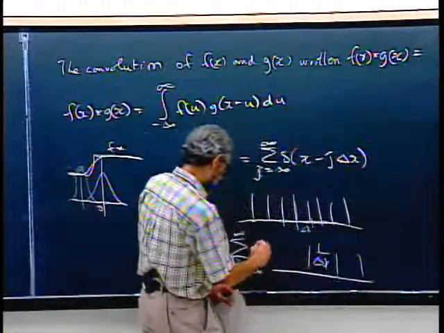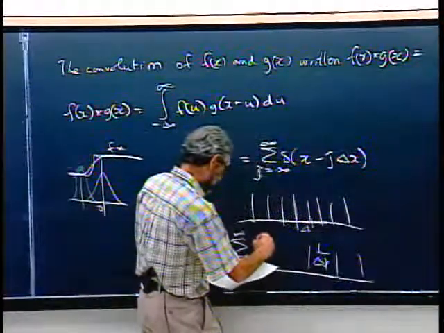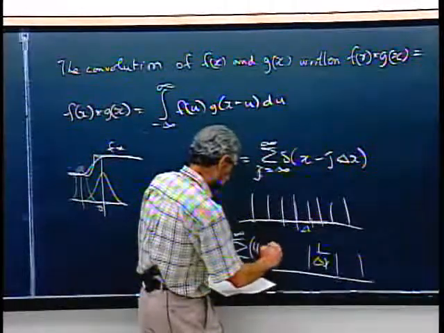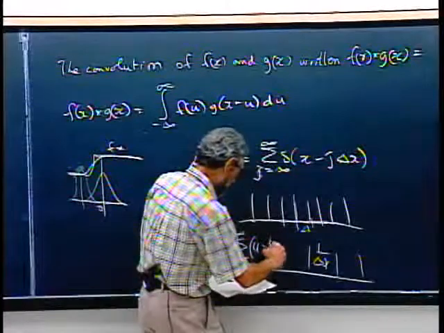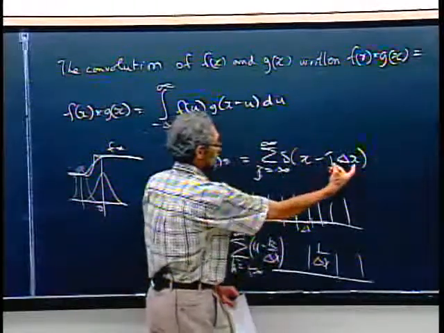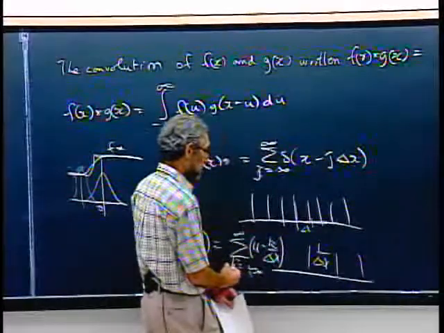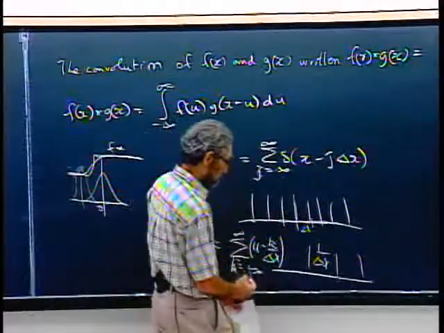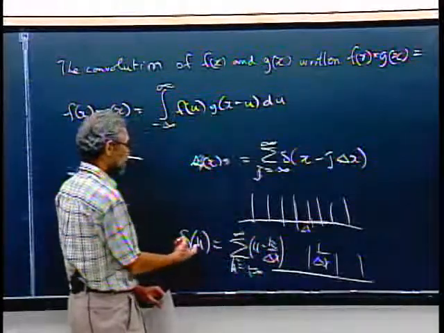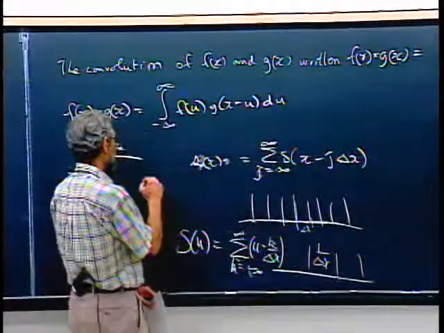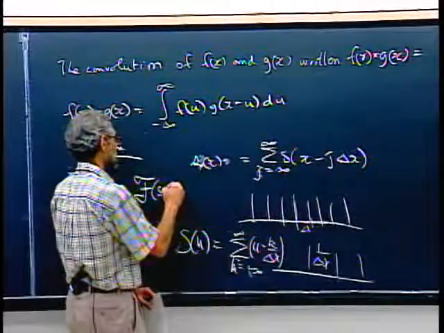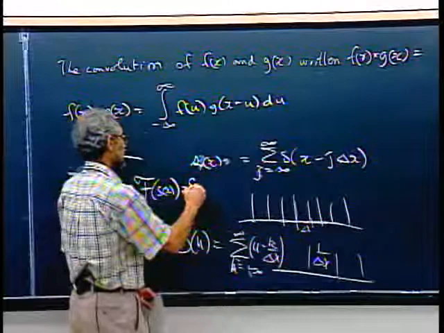So that sum is delta of u minus k over delta x. So the spacing instead of delta x is 1 over delta x. And the idea is the Fourier transform of this thing equals that thing. Sometimes people write it with a script F. Fourier transform of s of x equals capital S of u.